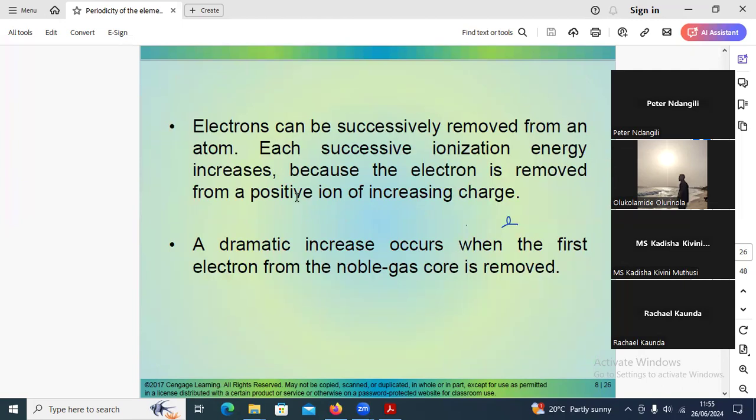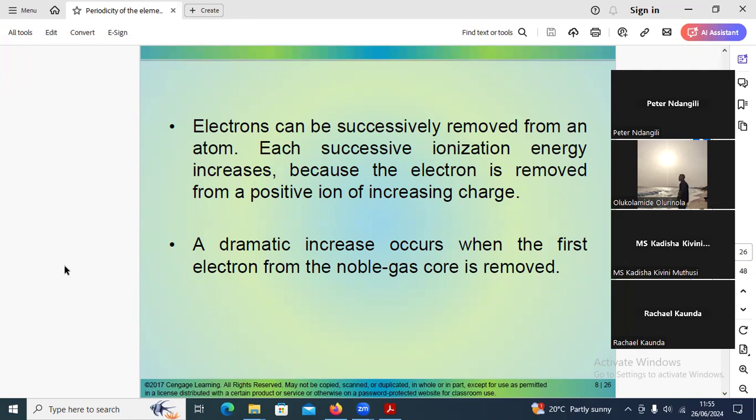So electrons can be successively removed from an atom. And when you are removing more than one electron from an atom, then we talk about the first ionization energy, the energy responsible for the removal of the first electron. You talk about second ionization energy, the energy responsible for the removal of the second electron.